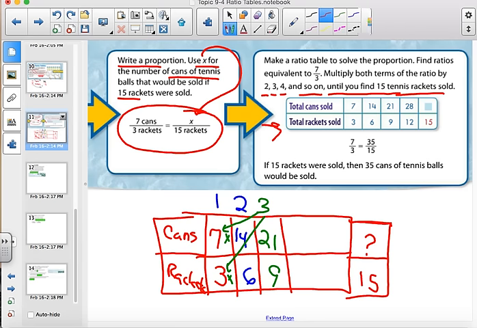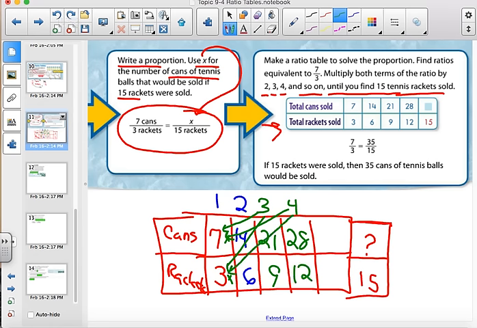We then go on to a fourth column, and we have 4. 4 times 7 is 28. 4 times 3 is 12. So we have our equivalent, but it's still not 15 yet. So we want 15. Well, we have a column here.